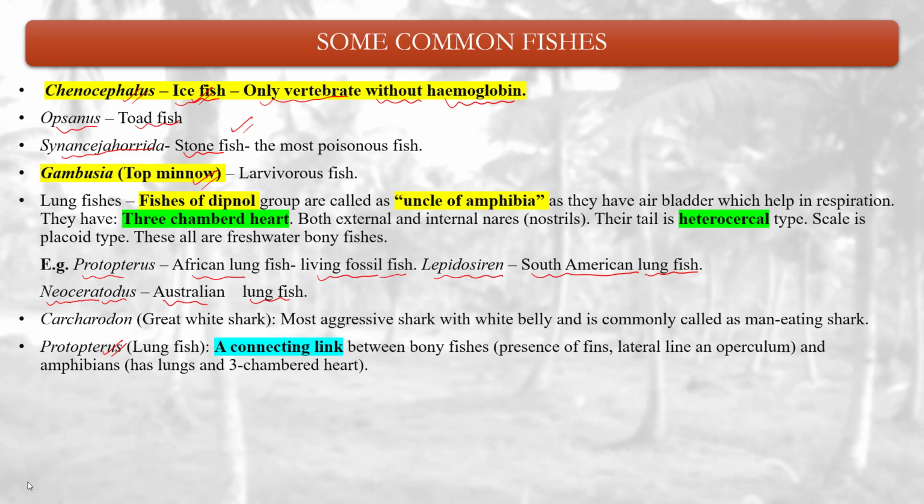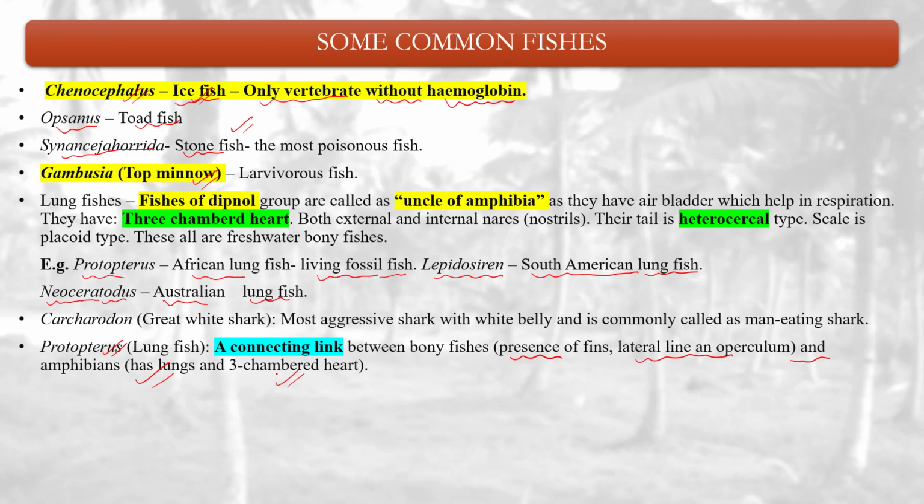Protopterus is a connecting link between bony fishes and amphibians. It has fins, lateral line receptors for sensing vibrations, and operculum, like fishes, while amphibians have lungs and a three-chambered heart. So Protopterus is considered a connecting link between bony fish and amphibians.